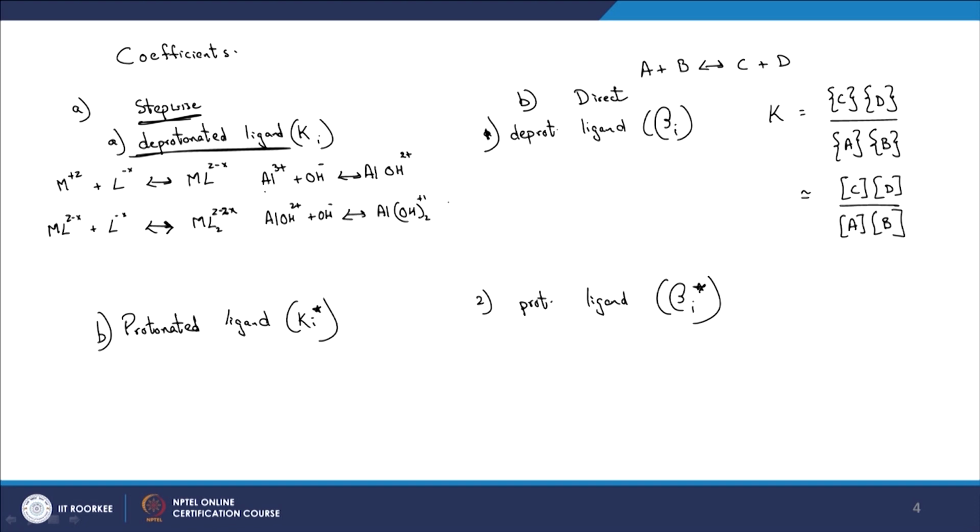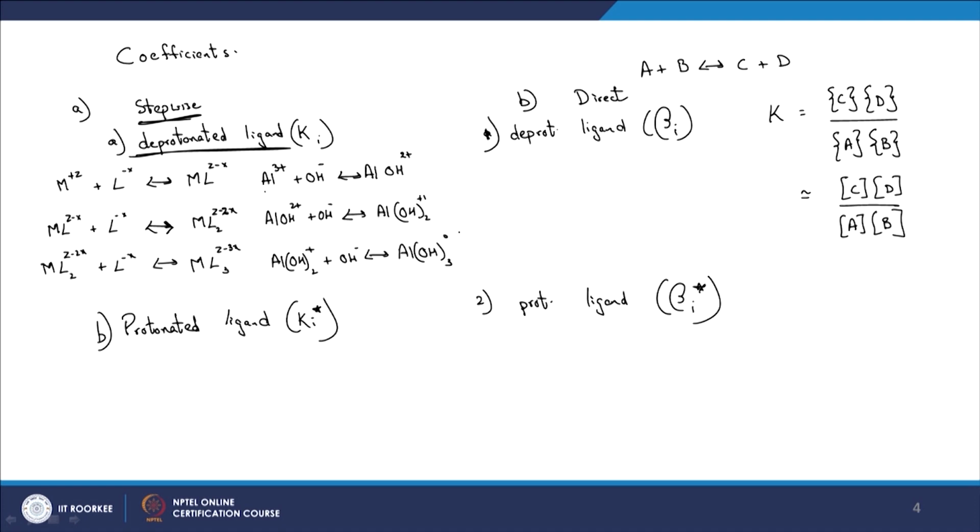The next step is similarly ML2 with charge Z minus 2X plus L minus X going to ML3 with charge Z minus 3X. An example here would be Al(OH)2+ plus OH minus going to Al(OH)3 with zero charge.